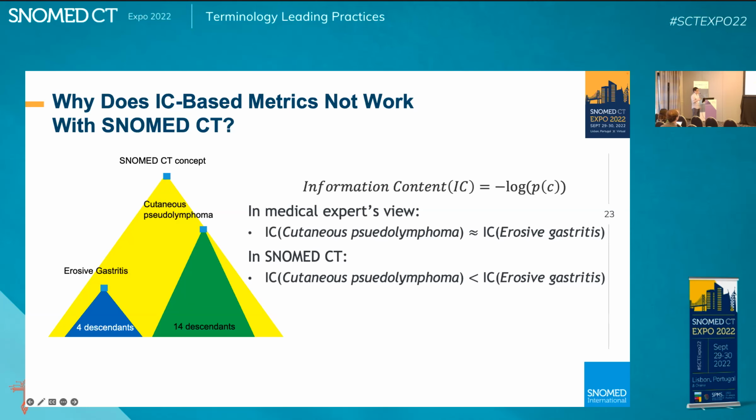But in SNOMED CT, cutaneous lymphoma has more descendants and is located higher in the hierarchy. So the information content of cutaneous lymphoma is smaller than that of eosinophilic gastritis. This gap between the information content perceived by medical experts and that designed by the UMLS ontology designers led to a lower performance of IC-based metrics.